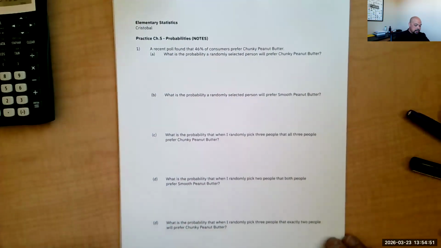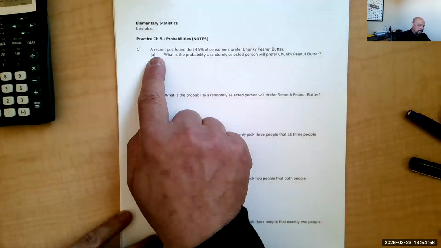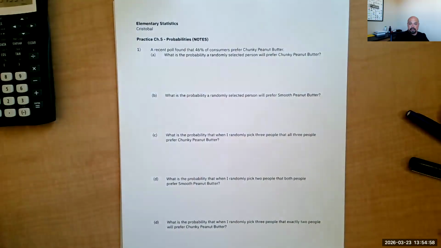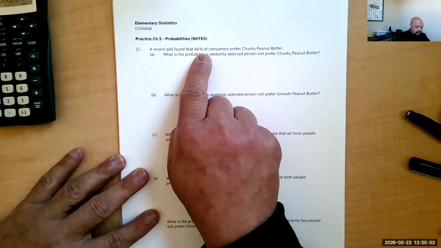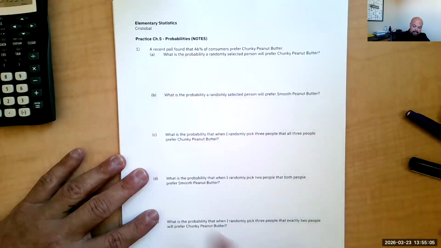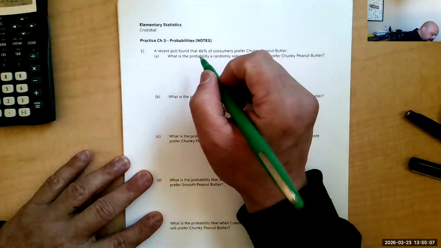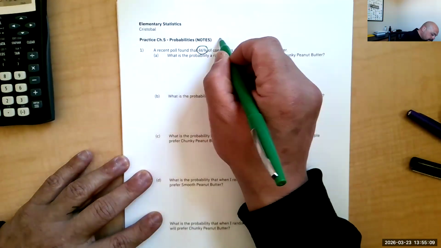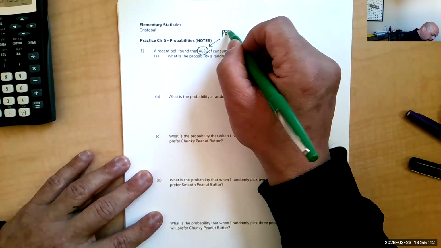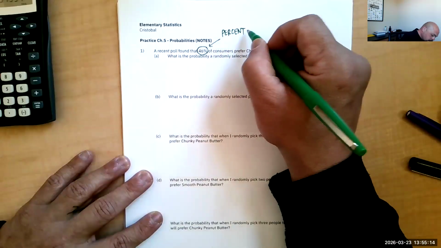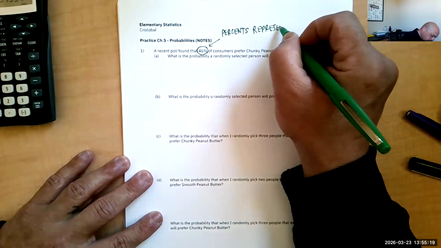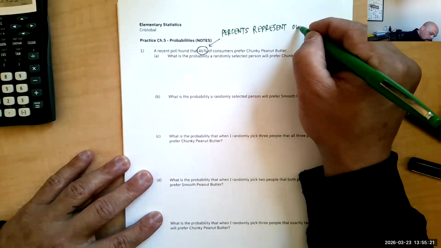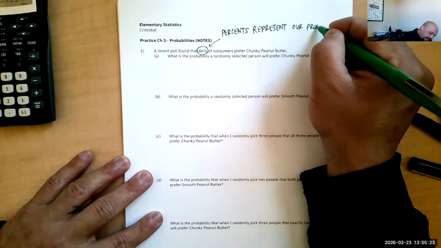So in this case, looking at these problems, when we're given this data about like a recent poll finds that 46% of consumers, when we're given these values for a population, for a large group as a percent, now what we start to see is that these percents commonly represent our probability for making these selections.